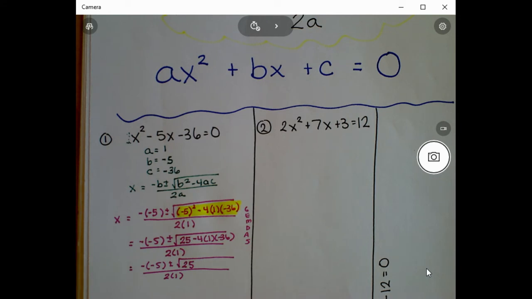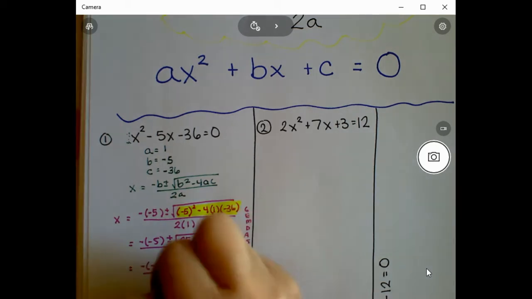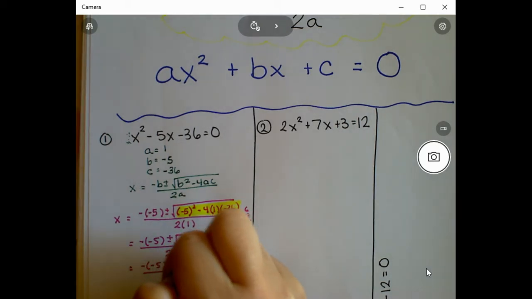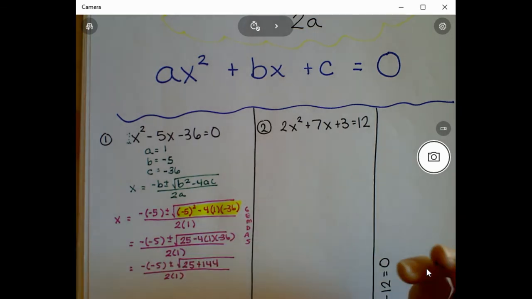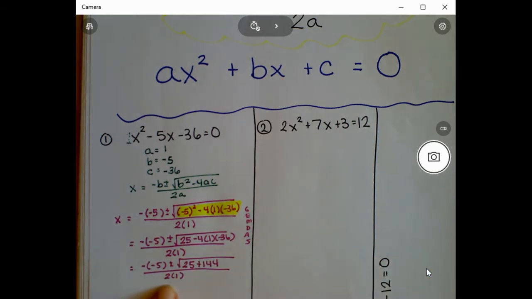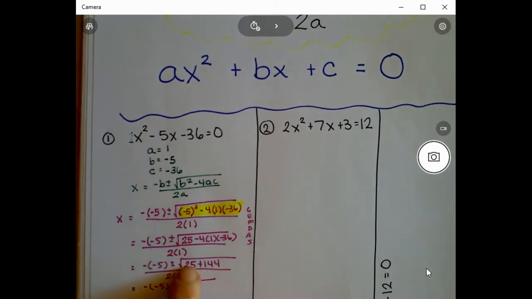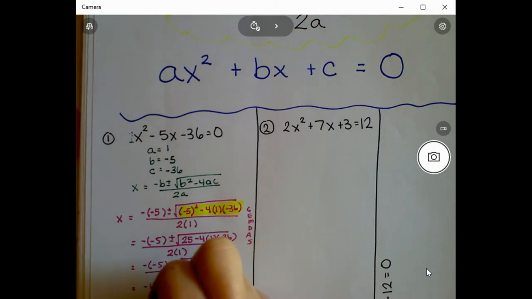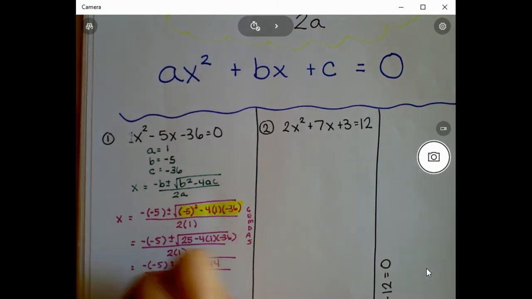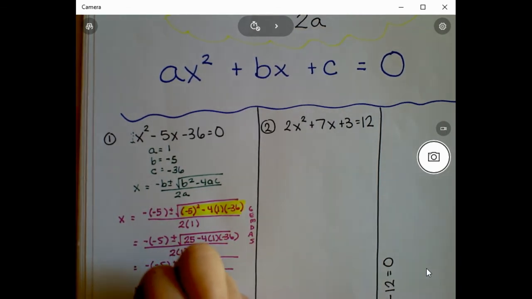Negative 4 times 1 times negative 36 equals 144, over 2 times 1, and we're going to keep on simplifying. Add and subtract. That would be 169 all over 2 times 1.